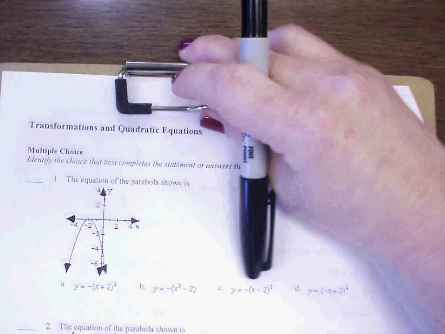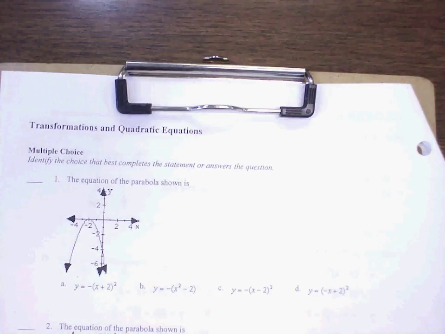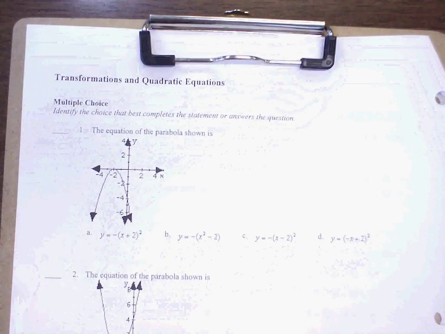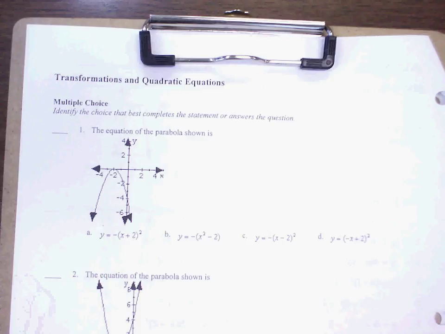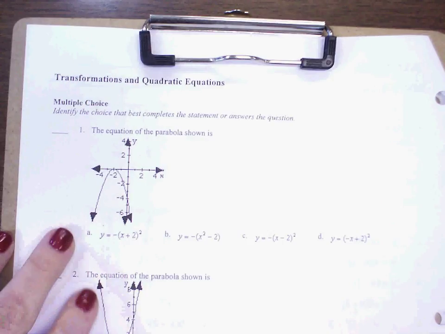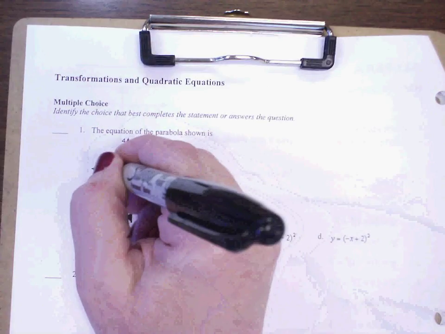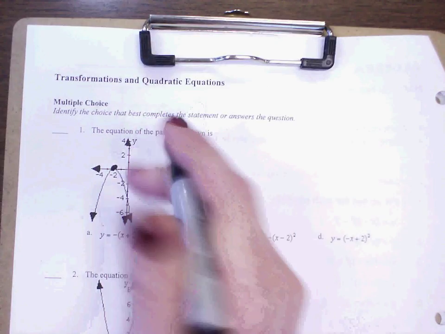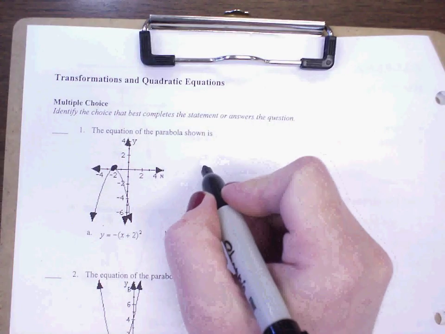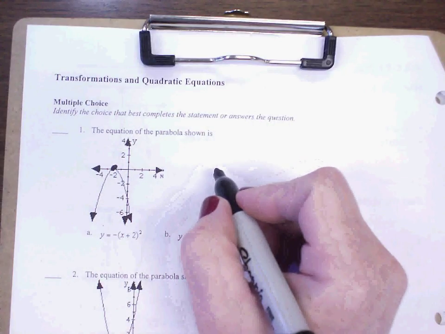All right. The equation of the parabola shown is... How would you start? Finding the what? Not the x-intercept. Thank you, the vertex. Oh, I'm sorry. I said x-intercept. You said x-intercept, not the vertex. All right, what's my vertex?